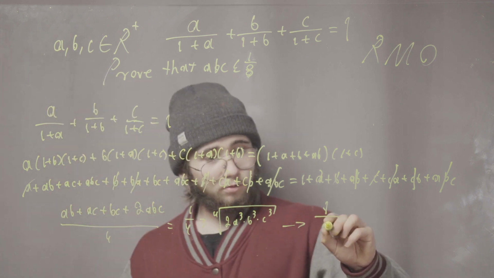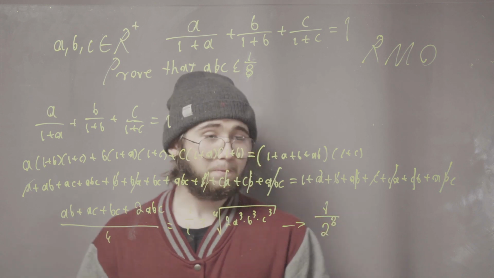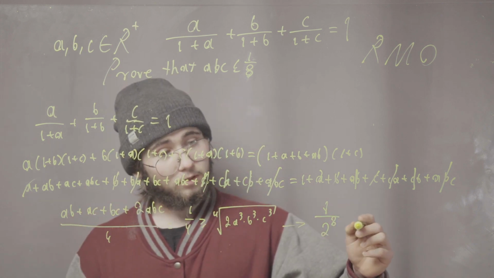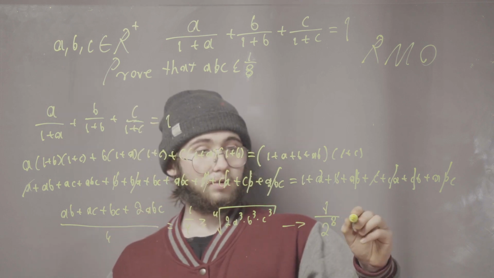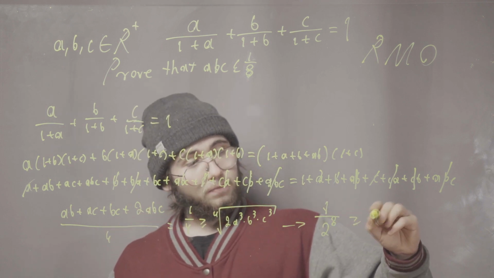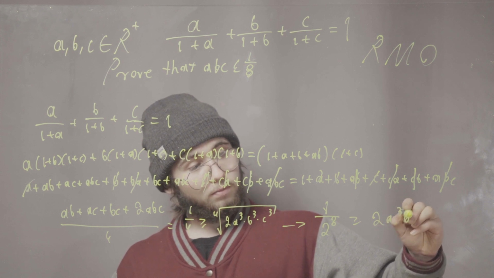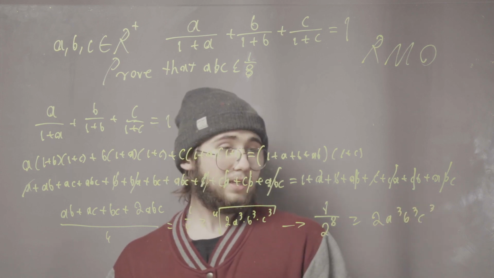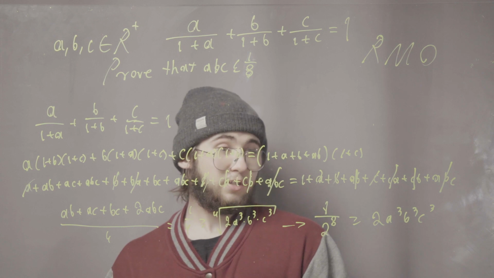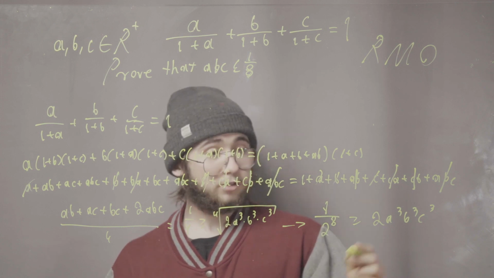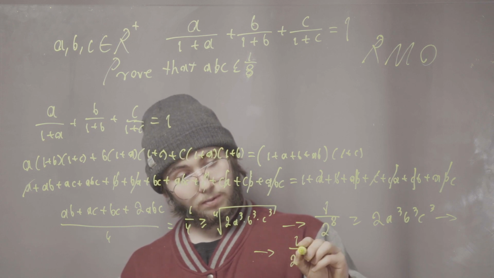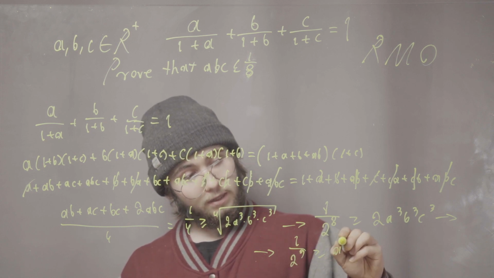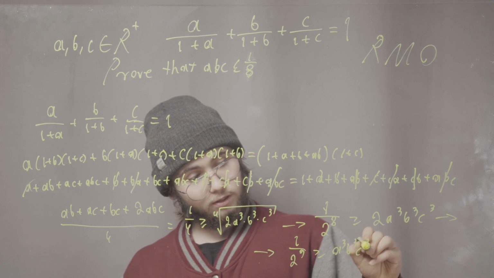So 2 to the power of 8 is greater than or equal to 2 times A cubed, B cubed, C cubed. Now I can just divide both sides by 2, so I will get that 1 over 2 to the power of 9 is greater than or equal to A cubed, B cubed, and C cubed.